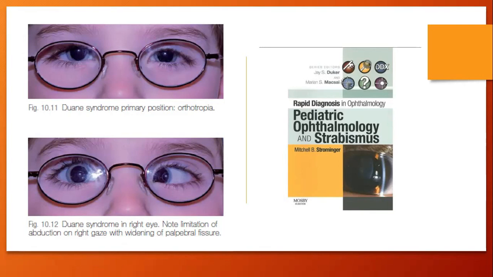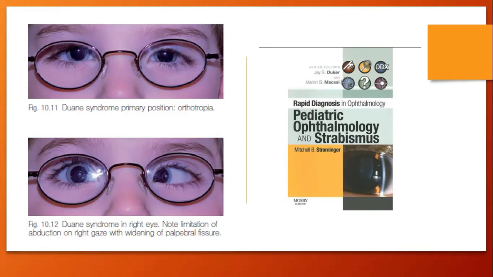So suppose you don't have the photo for narrowing of palpebral fissure on adduction, or you are not sure about the narrowing. There is a second clue for diagnosing Duane syndrome. And as strabismologists, we depend on this clue more than the narrowing, actually, because nowadays we are seeing cases in early infancy.